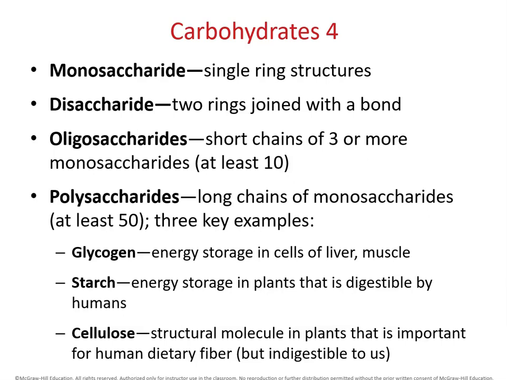So starch, I think we're pretty familiar with in some of the foods that we eat. Potatoes and wheat, like pasta and rice, are things that have tons of starch. Very easy for us to digest. Cellulose, we can't digest, but other animals can. So cows, sheep, horses, things like that, they're able to digest cellulose.